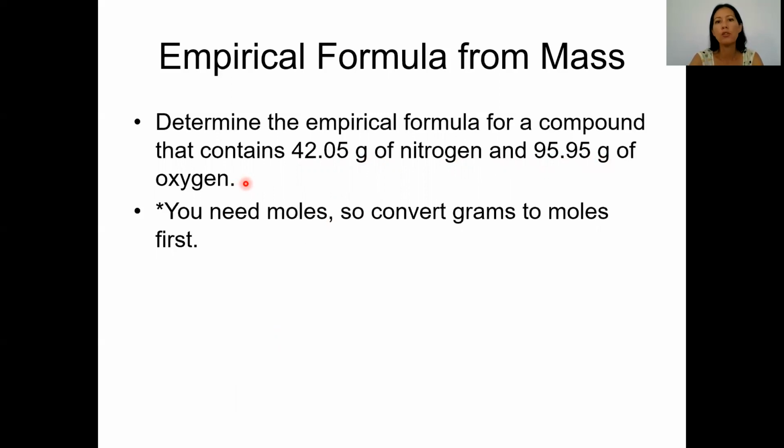The only way you could do this is convert to moles and use those moles as the subscripts in the formula. So I want you guys to give this a stab. Pause this, convert grams of nitrogen to moles of nitrogen, and do the same for oxygen using the periodic table, and then put those as the subscripts, and then simplify to get whole numbers if necessary.